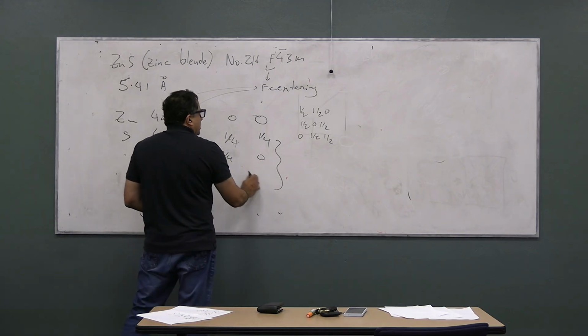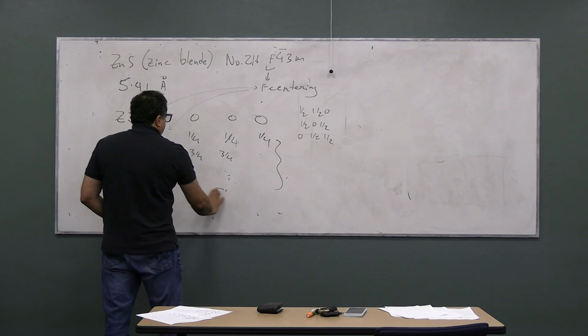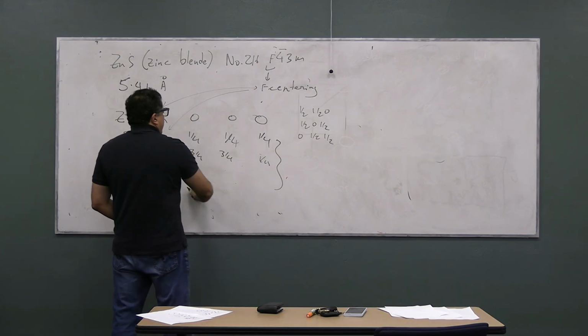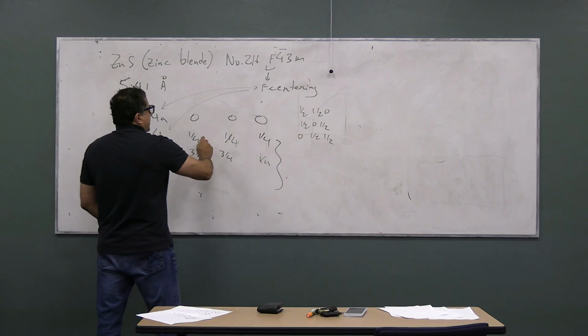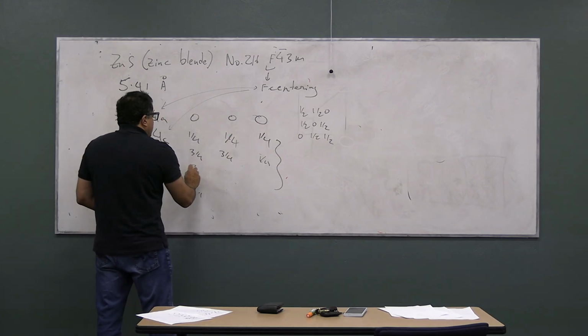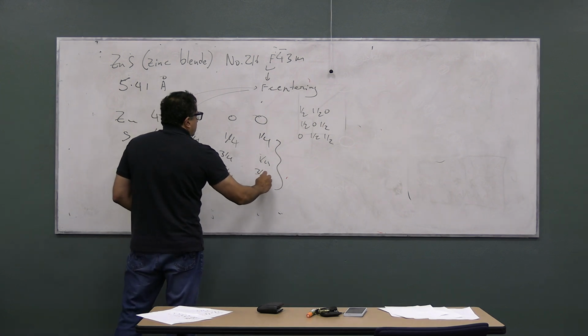Oh, sorry. I made a mistake. Half, half, 0 plus this is 3/4, 3/4, 1/4. Half, 0, half is 3/4, 1/4, 3/4.